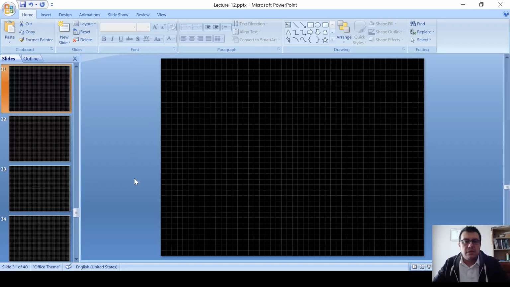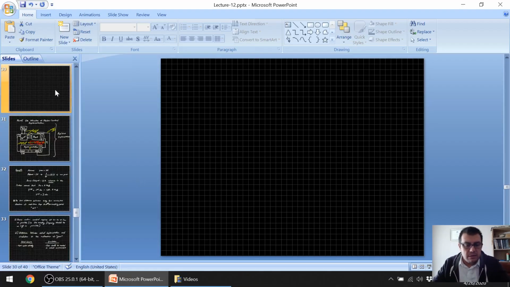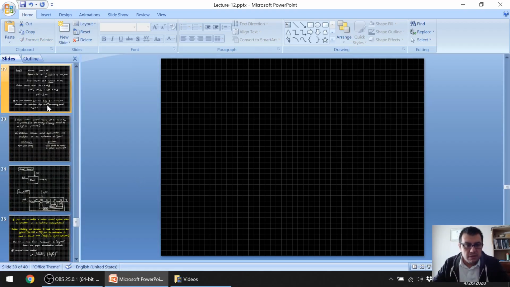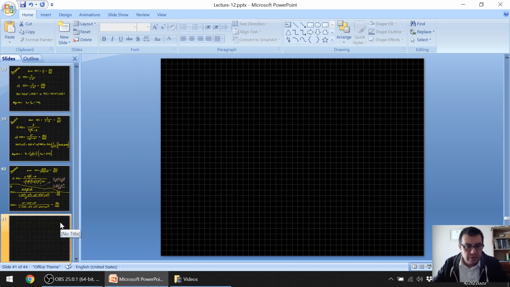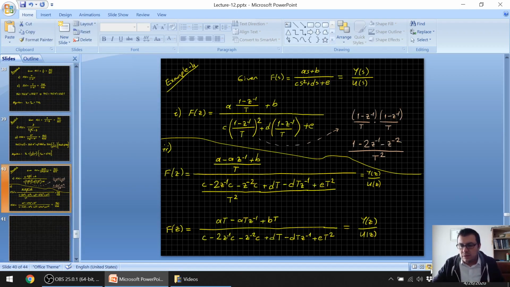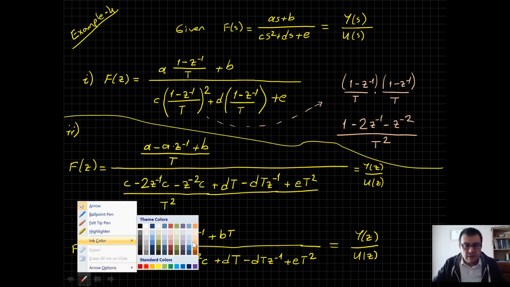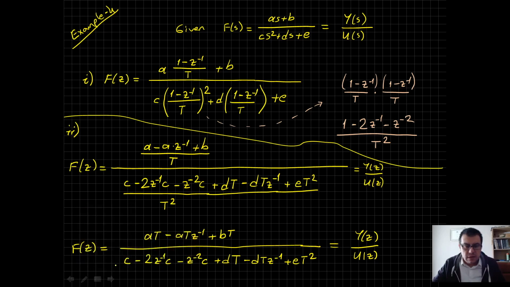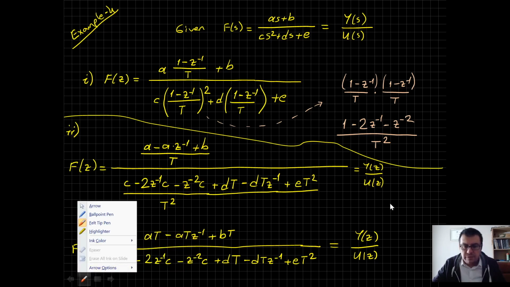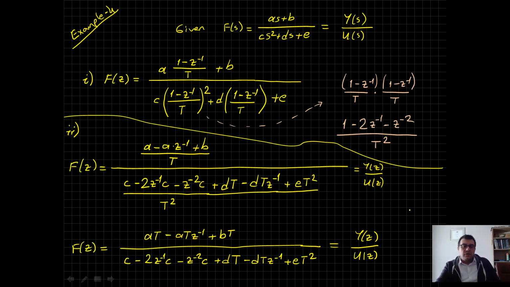Yes, keep the annotations and take some slides from here and move here and go back to the slideshow. All right, now we have the slide set again. Perfect.